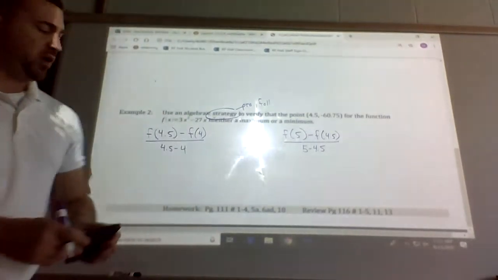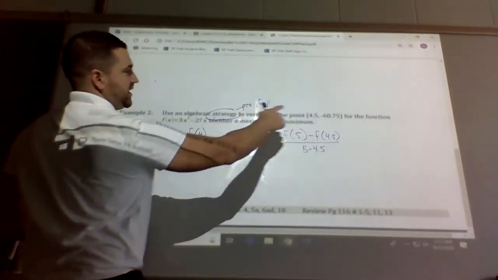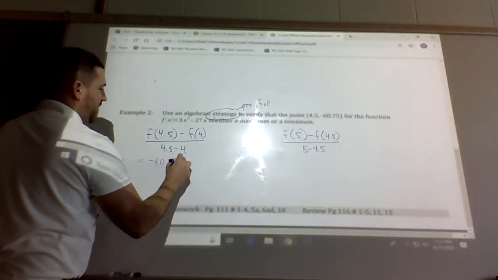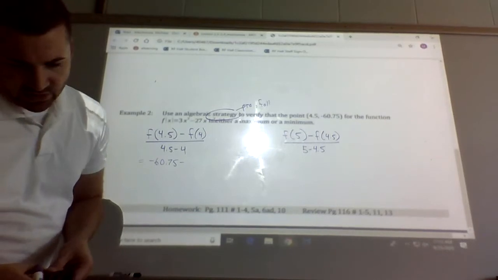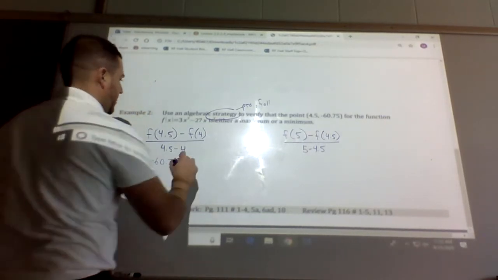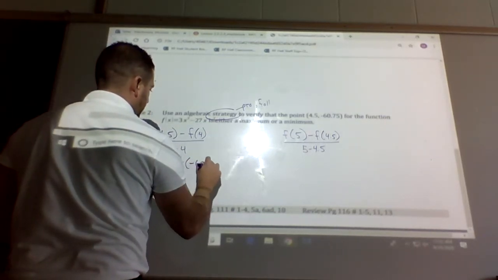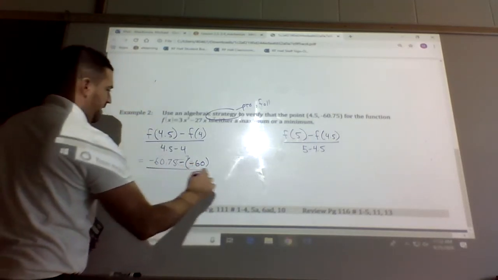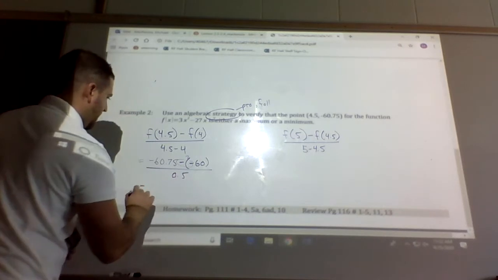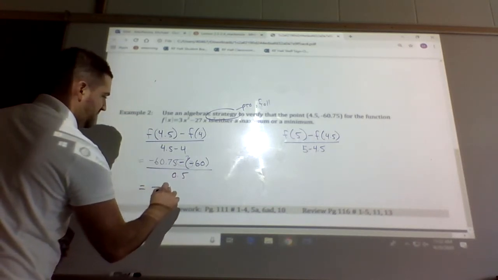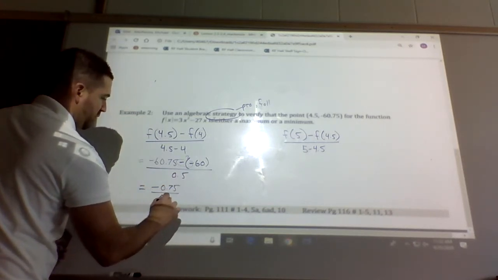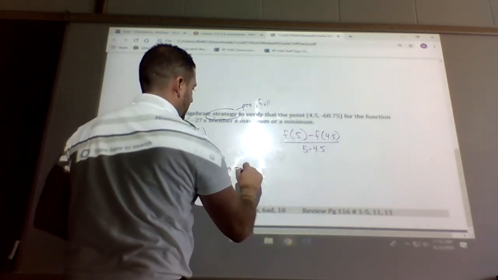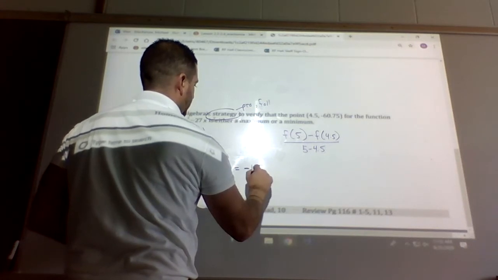So f at 4.5 gives us the answer already, negative 60.75. I believe I already wrote this out. Minus a negative 60, so that becomes plus, divided by 0.5, so I get negative 0.75 divided by 0.5, which gives me negative 1.5.